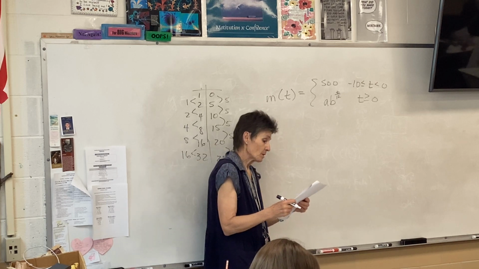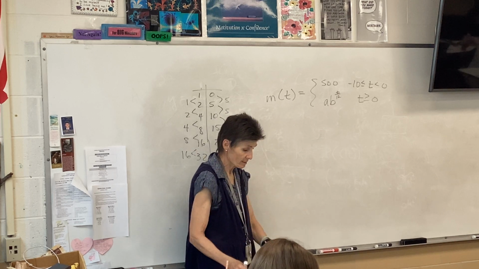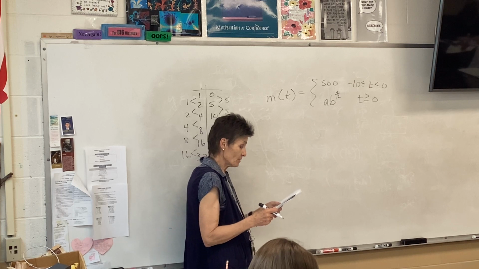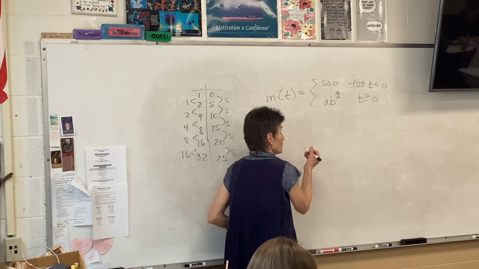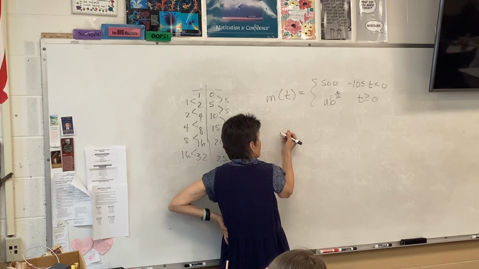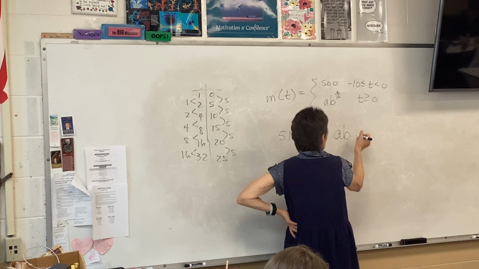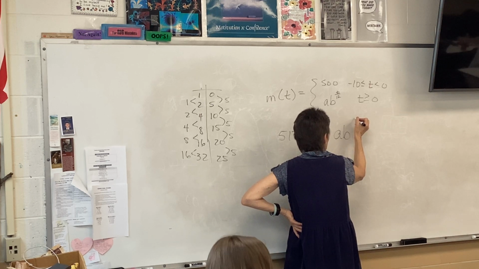I. Use the given data to write 2 equations that can be used to find the values of the constants A and B. What's your thought on that? Can you think of 2 equations? $517.50 equals AB to the T divided by 12.